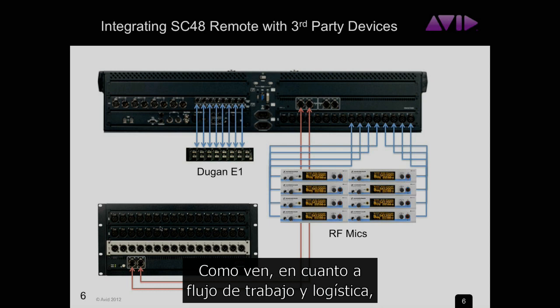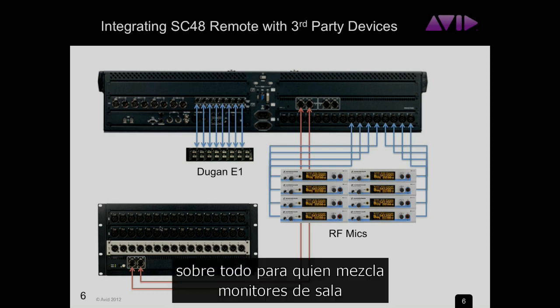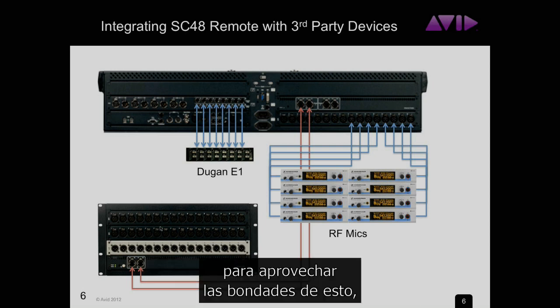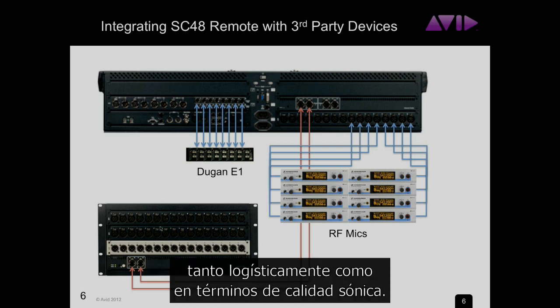So you can see just in terms of workflow and logistics, especially for that guy that's mixing front of house and monitors or doing corporate work, you can keep everything located yet still have the remote I/O to take advantage of all the goodness that comes with that, both logistically and in terms of sound quality.